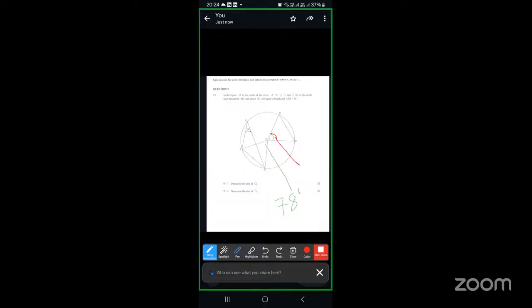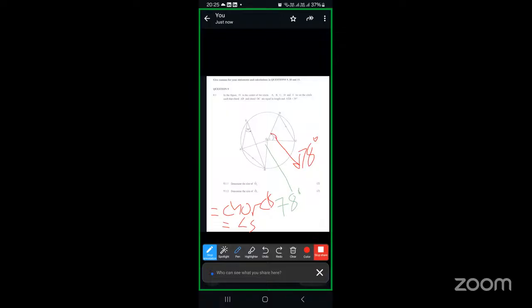She's saying that angle is going to be 78 degrees, and the reason is equal chords subtend equal angles. Do you agree to that? Yes, sir. I agree with that. Is there anyone still confused so that I can clarify?